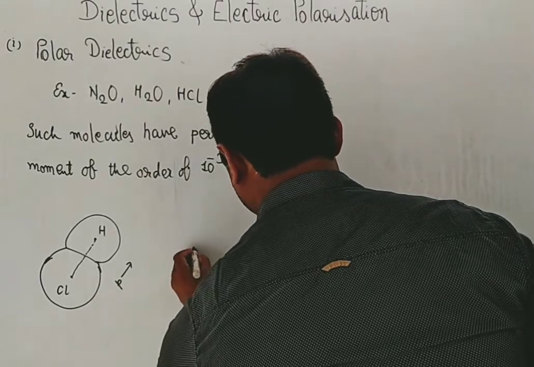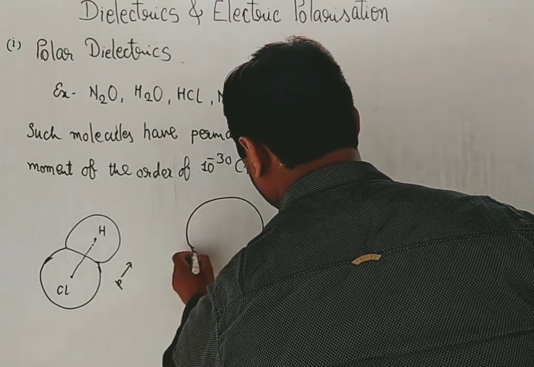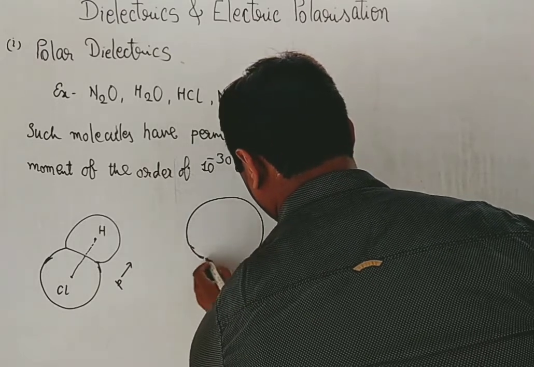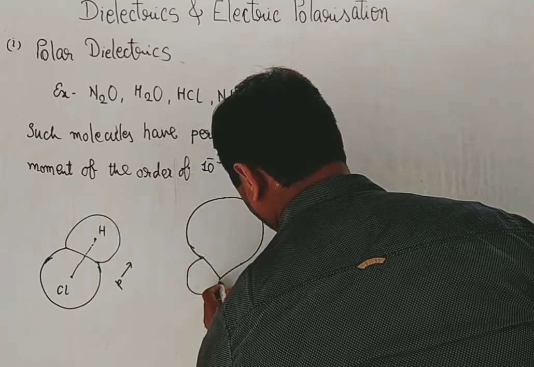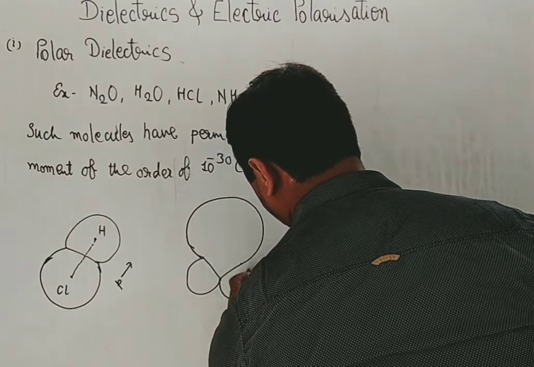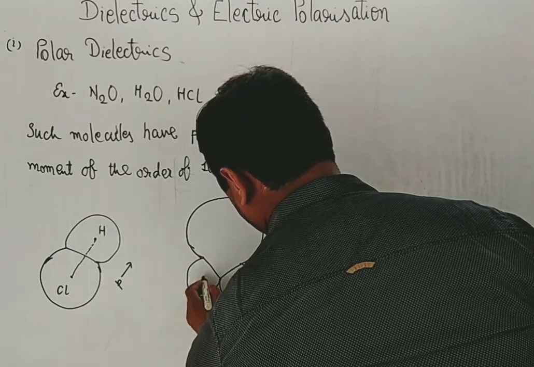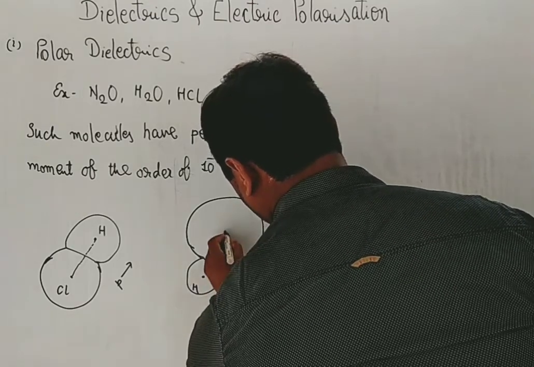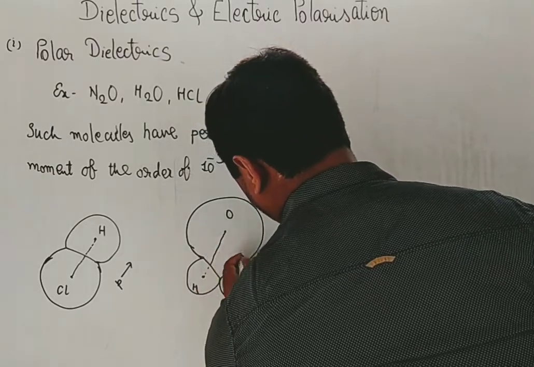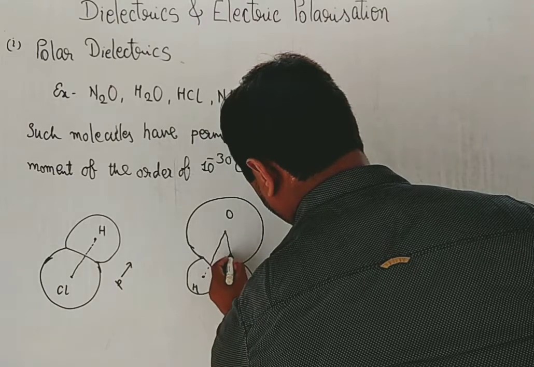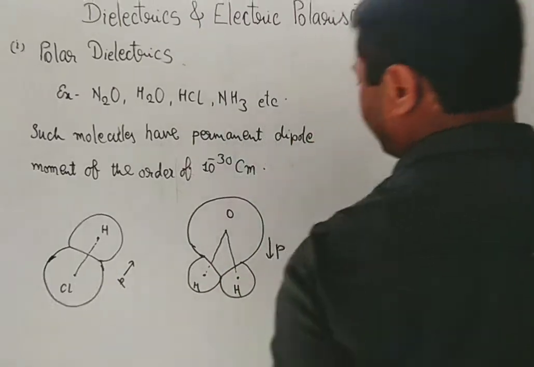Now likewise for H2O we can draw, this is oxygen. Now here we have two hydrogens associated with this, H and H, and O, and this is the direction of dipole moment P.